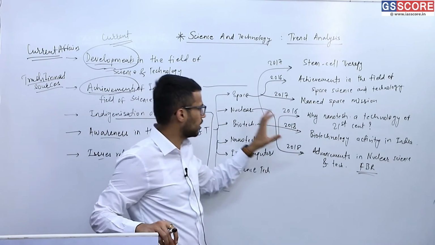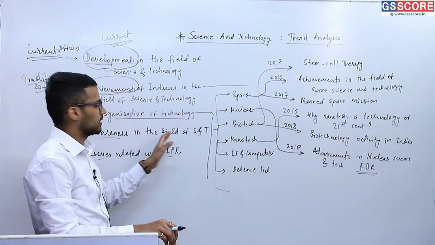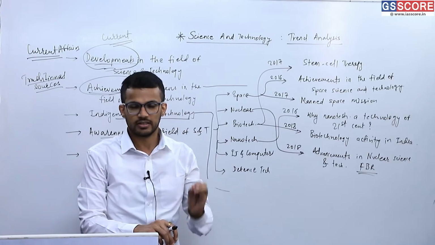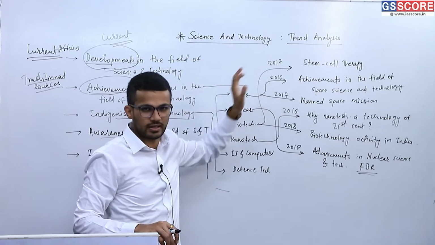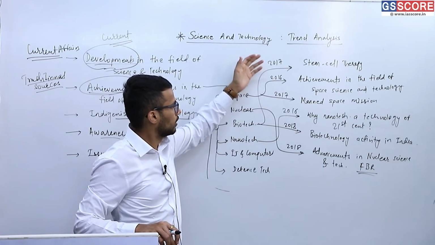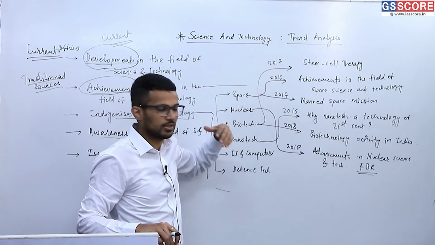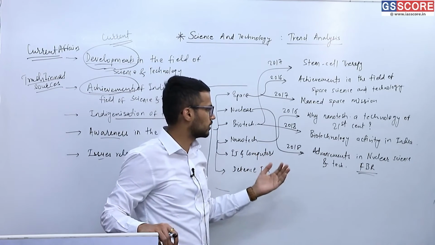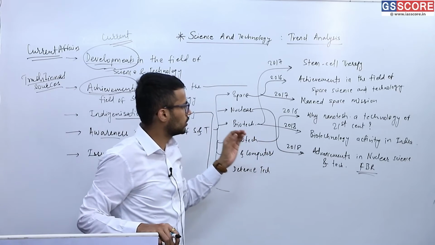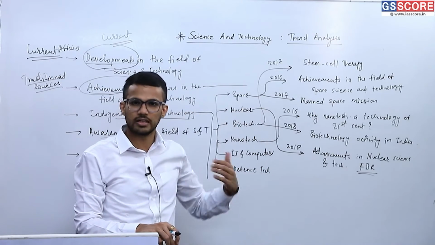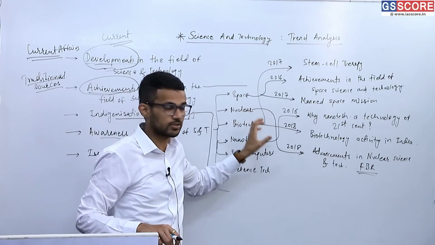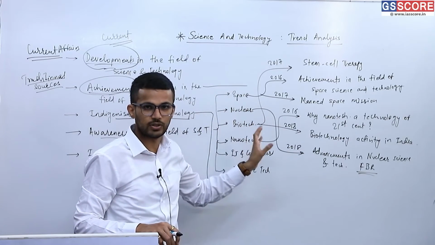So for this particular topic, awareness in the field of science and technology, questions have both angles. That means some questions have a current angle. For example, stem cell therapy is current in nature, as is nanotechnology, and then manned space missions, again a current aspect. All these are current aspects related to awareness in science and technology.